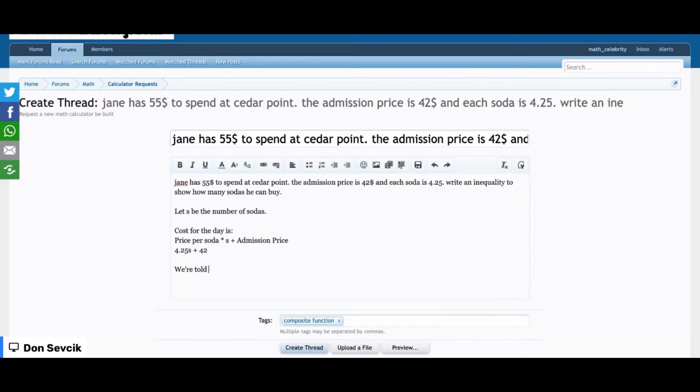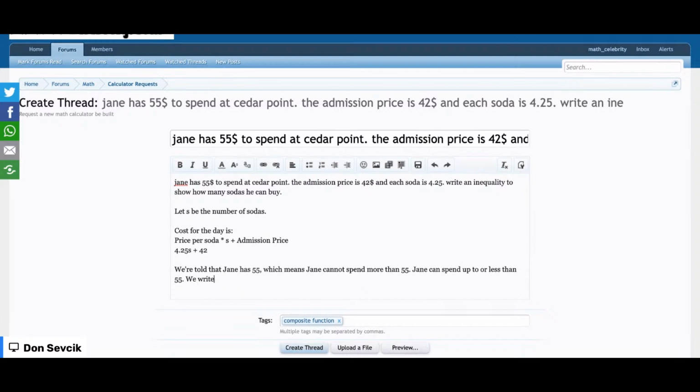We're told that Jane has 55, which means Jane cannot spend more than 55. Jane can spend up to or less than 55.